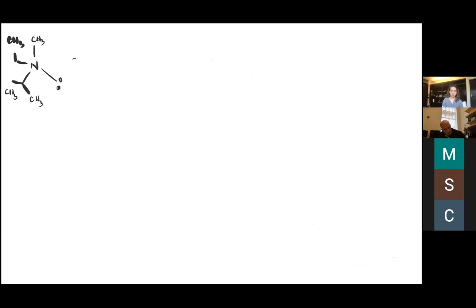And so if I want to, I can draw this with the line wedge representation. And I can draw a mirror image of this compound. I'm going to leave some space here in the middle. Okay, so that's the mirror image.